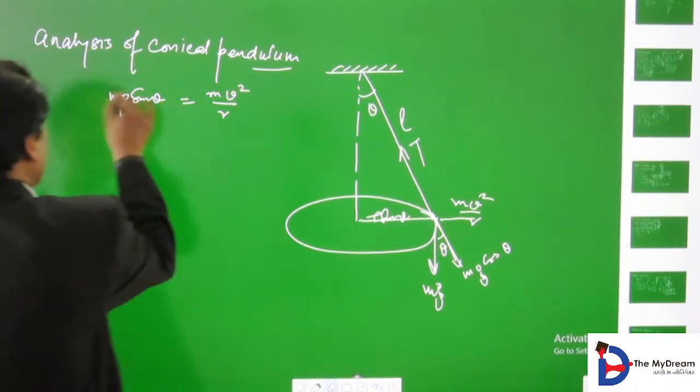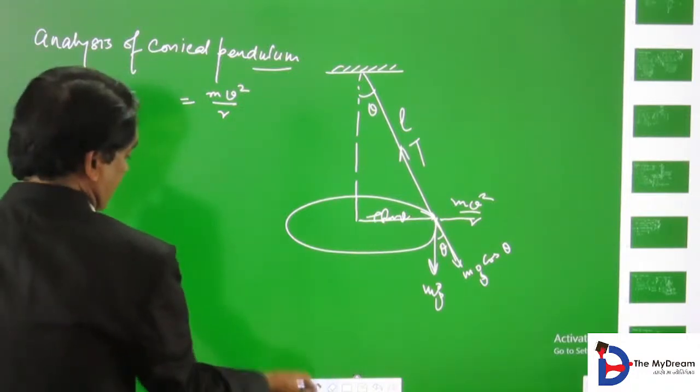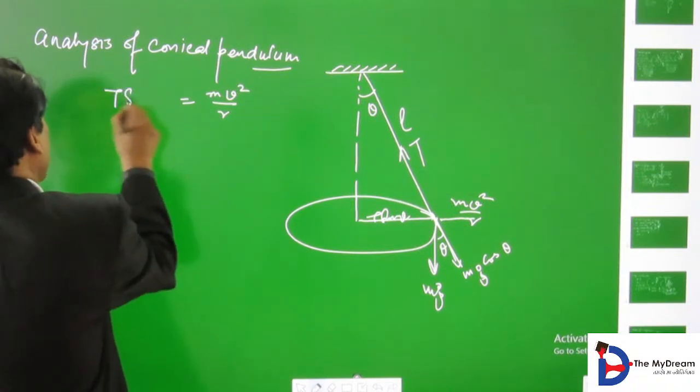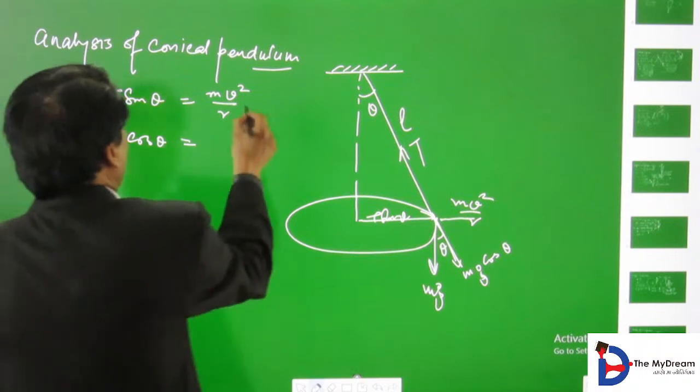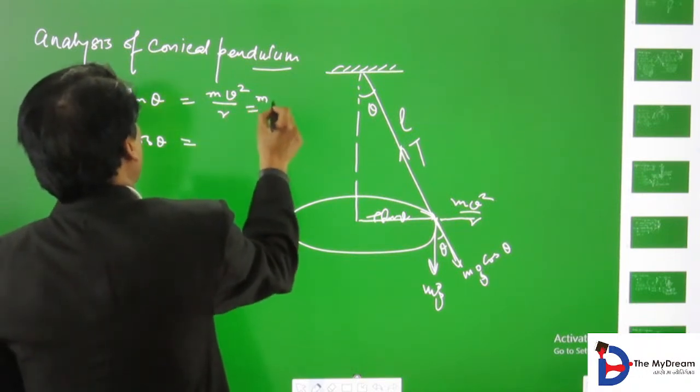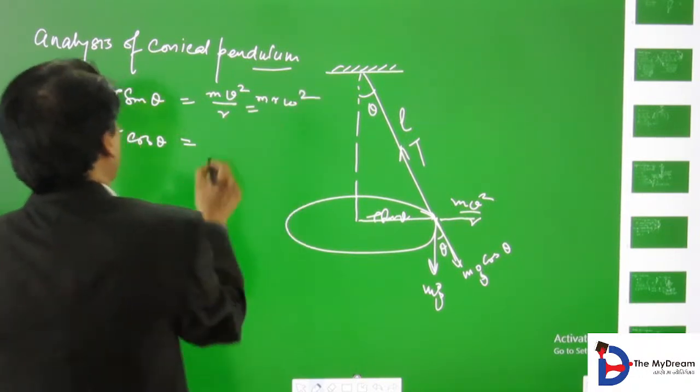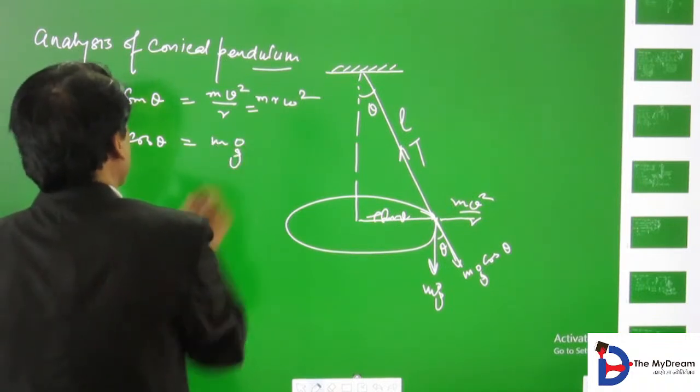This is T sin theta. This is T cos theta. And v is equal to R omega. That is m.